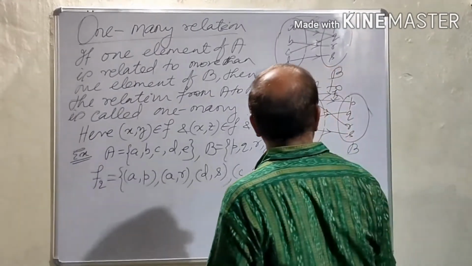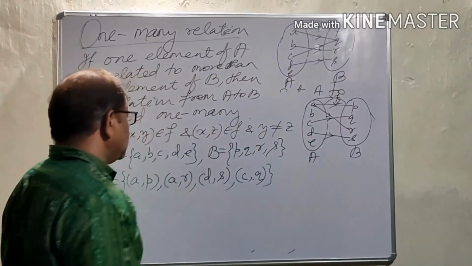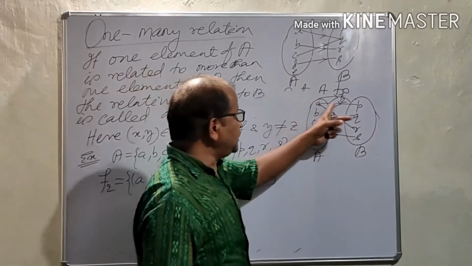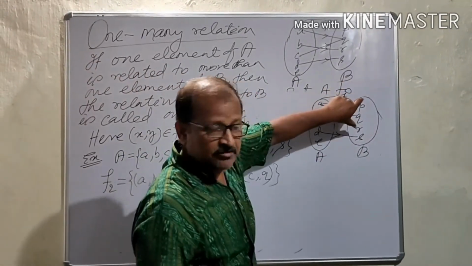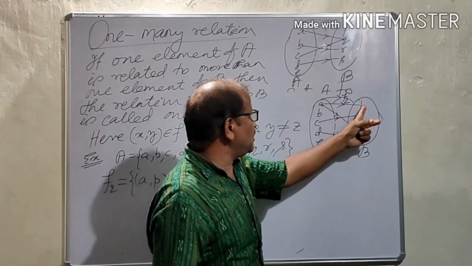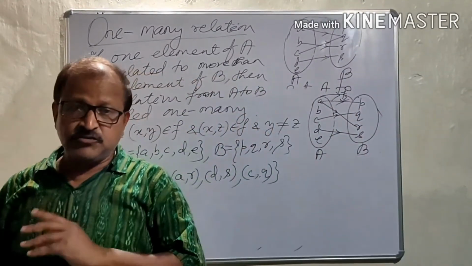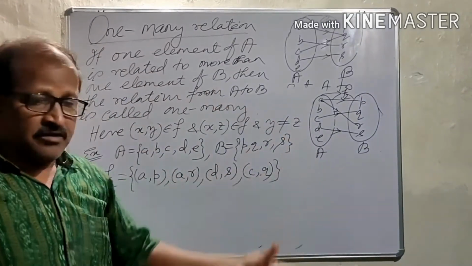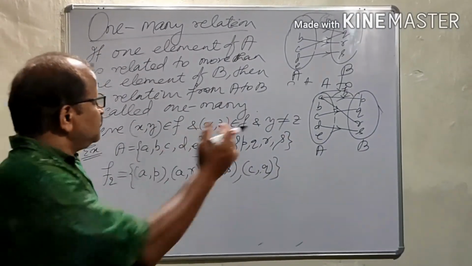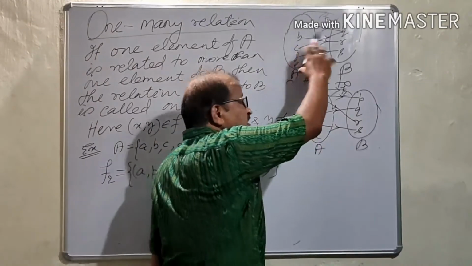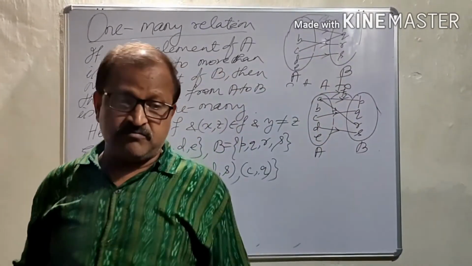It is clear from the diagram that a is related to two distinct elements p and r of B. That is why it is one-many. It is very easy to see whether it is many-one or one-many.